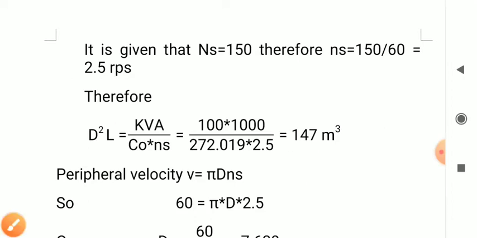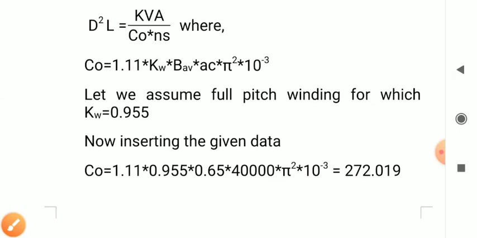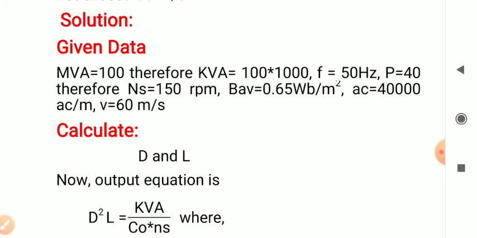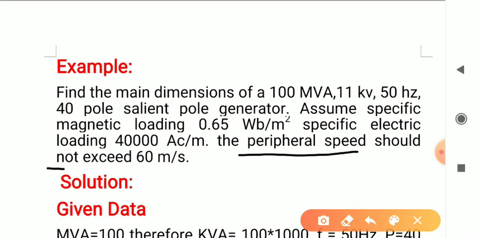Now, while calculation of the main dimensions in this example, the constraint is given, and that constraint is we need to calculate the main dimensions D and L so that the peripheral speed should not exceed 60 meter per second.